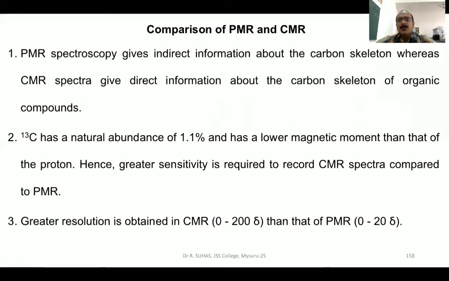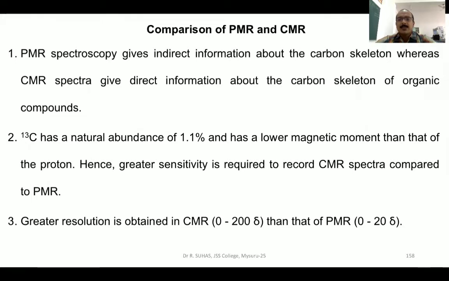Whenever we look at the proton NMR, we see how many types of different protons are present in the organic molecule. That means we will see what are the different environments in which the protons or hydrogens are present in the molecule. That means it is giving indirect information about the carbon skeleton in the organic compounds. Whereas CMR spectra will give direct information about the carbon skeleton of the organic compounds.